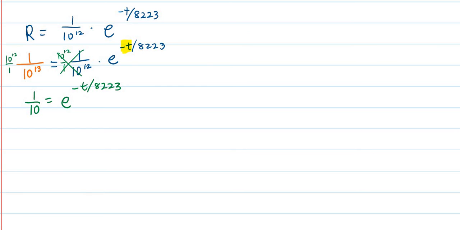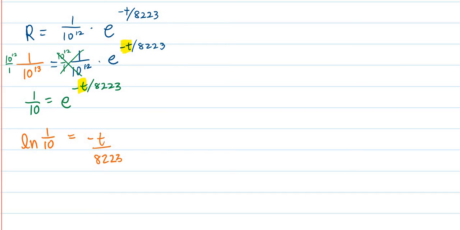Then, because our exponent is the variable, in order to get the variable out of the exponent, we're going to use our inverse property. We're going to take the log of both sides. So we end up with the natural log of 1 over 10 equals negative t divided by 8,223.